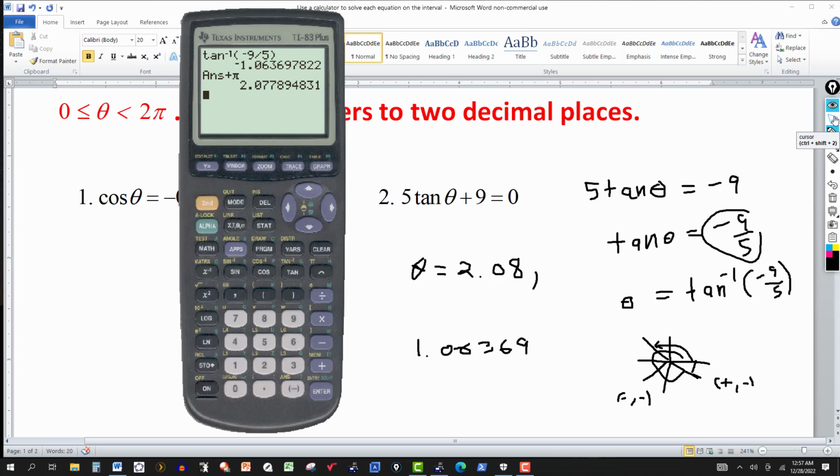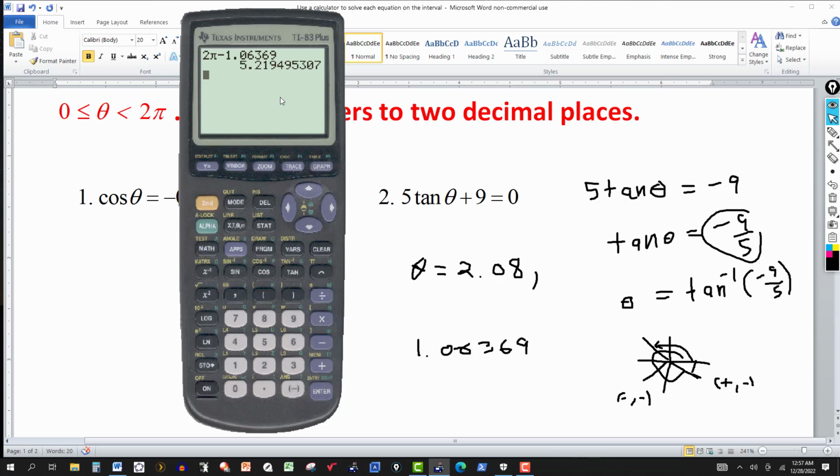So to get the final solution to this one, I'll simply take 2 pi and subtract this value right here of 1.06369. Hit enter.